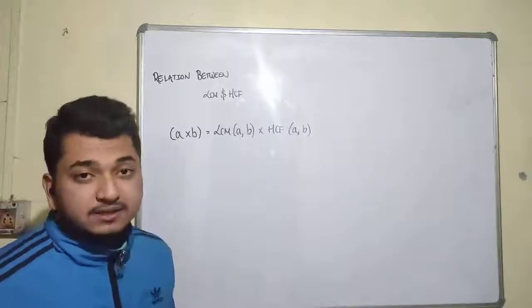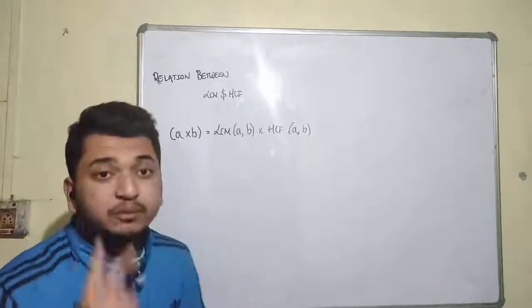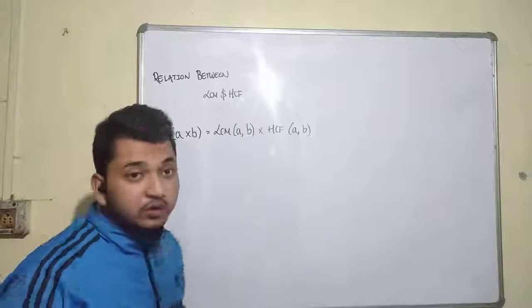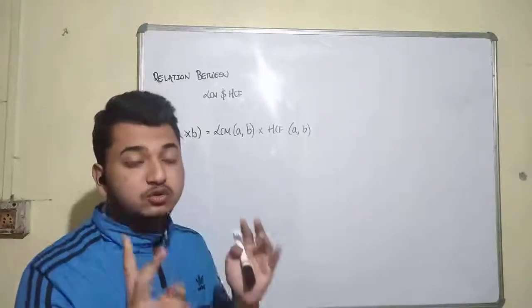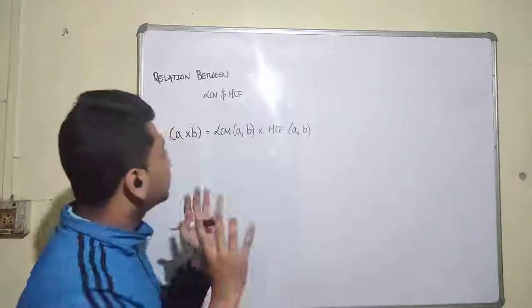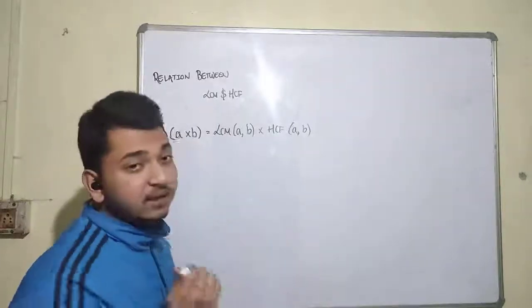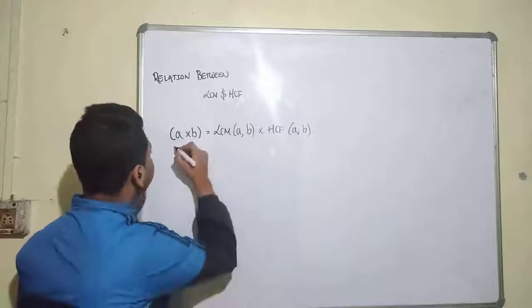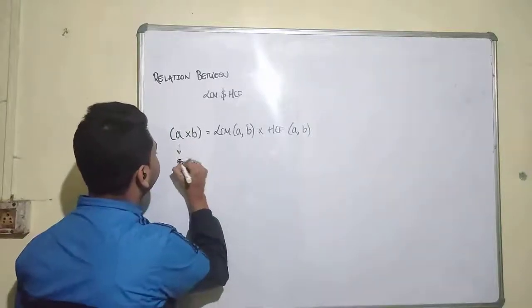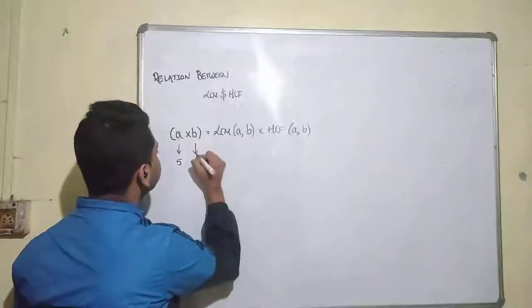तो हमें क्या पता चलता है कि जब हम दो नंबर को मल्टीप्लाई करते हैं वो इक्वल होता है उन दो नंबर के एलसीएम और एचसीएफ के साथ. Okay, so we will check it with numbers. For a we will write 5 and for b we'll write 10.